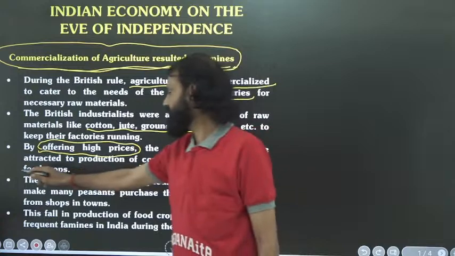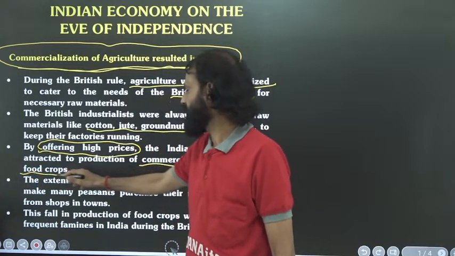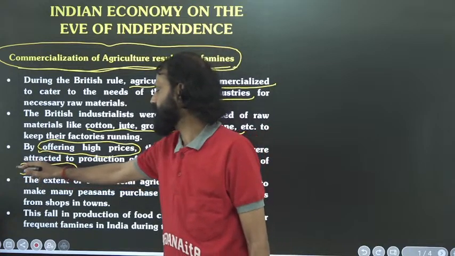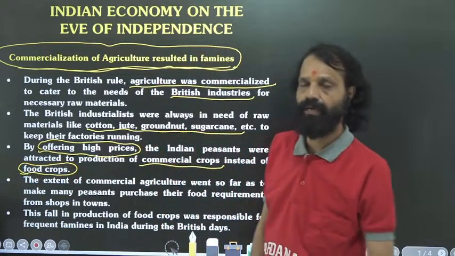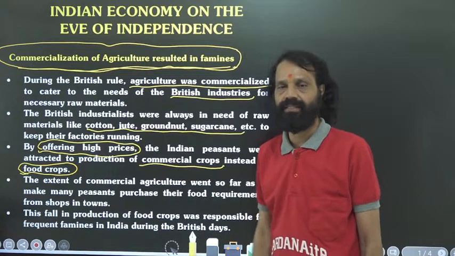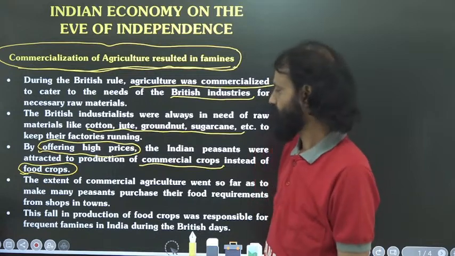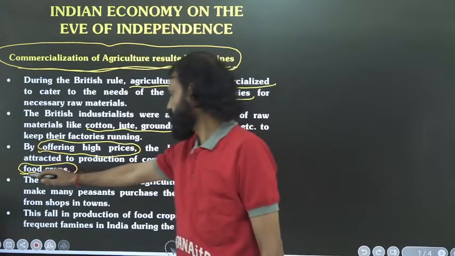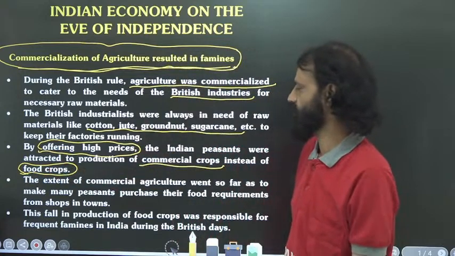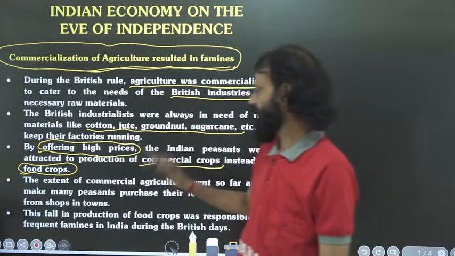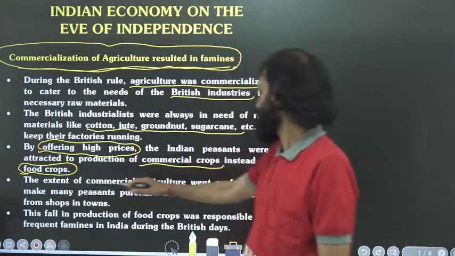So the Indian economy faced scarcity of food, shortage of food. Indian villages, mainly the rural areas, were facing shortage of foods. Okay, the scarcity of foods. So we can move on to the next point, the extent of commercial agriculture.